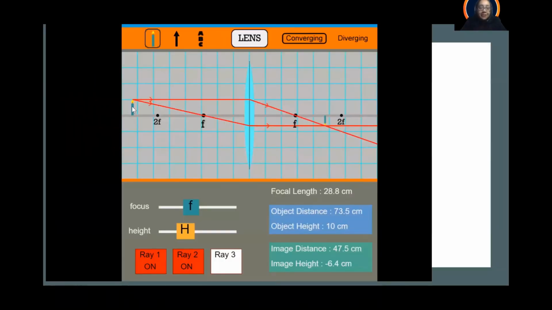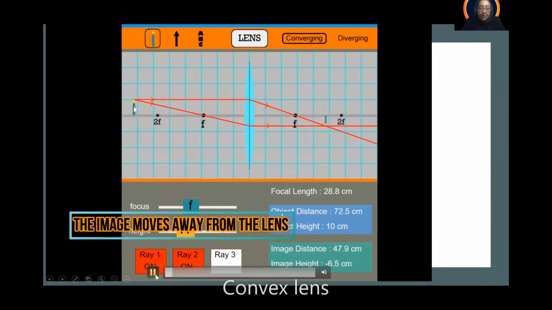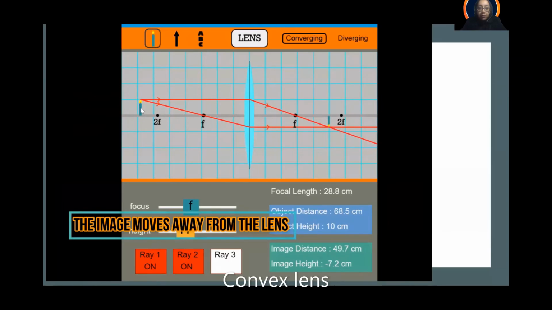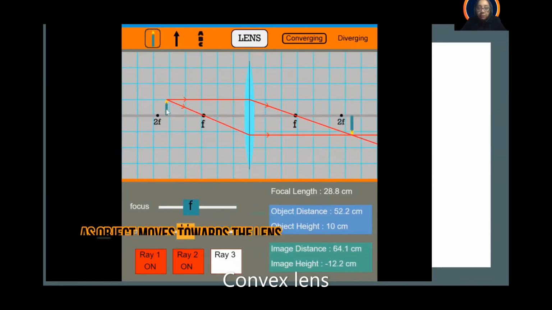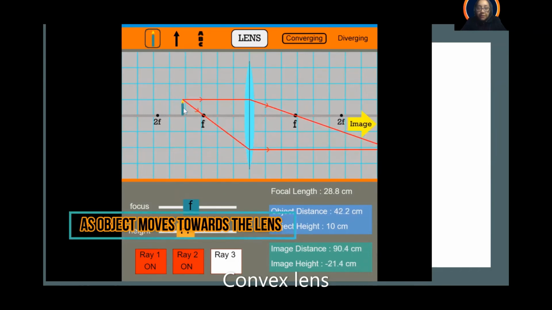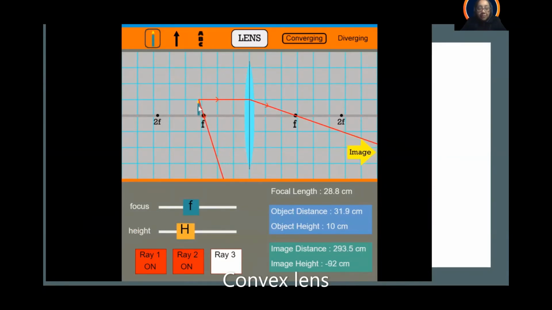Now, for making you understand it or remember it more accurately, you can remember this simulation. Like the image is always moving away from the lens. You can see we are dragging the object near the lens and we can see the image is forming away from the lens. So just remember the simulation. Okay. Remember the simulation for your examination.